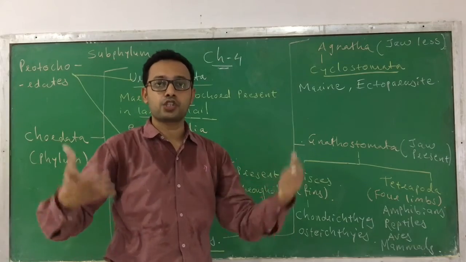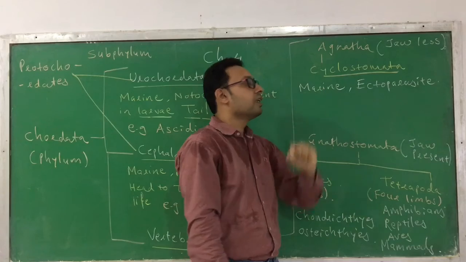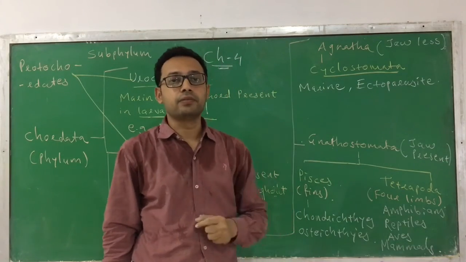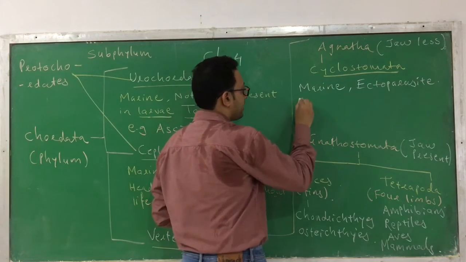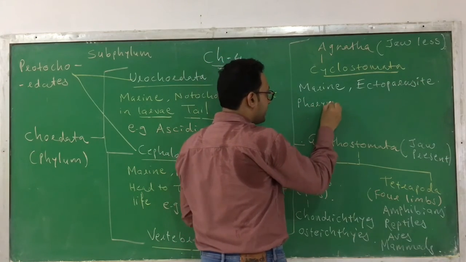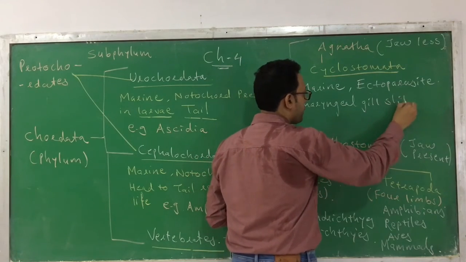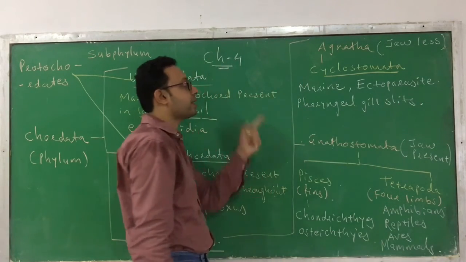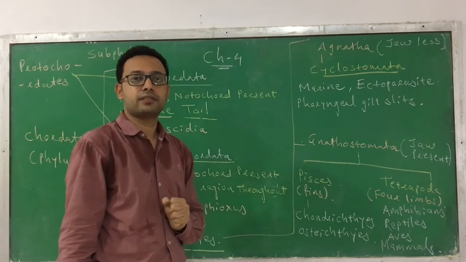Usually on whales, sharks, such kinds of big fishes, these animals of Cyclostomata can be found on the body surface. Also, pharyngeal gill slits are present, five to seven pairs of them, because it is a chordate, so it follows the rule of chordates.